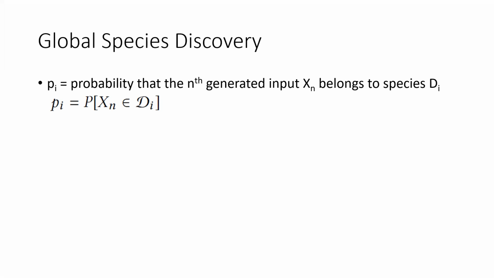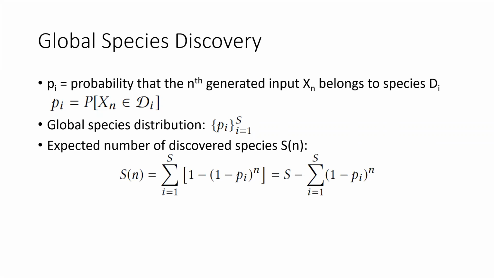They define p_i as the probability that the nth generated input xn belongs to species di. And from this, they get the global species distribution. And from this distribution, they get the expected number of discovered species using this formula.